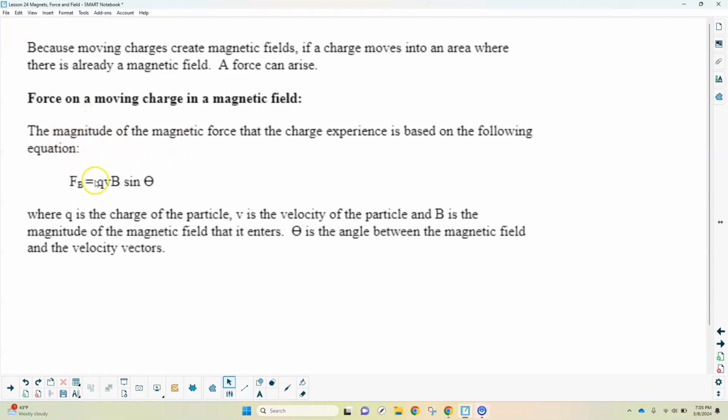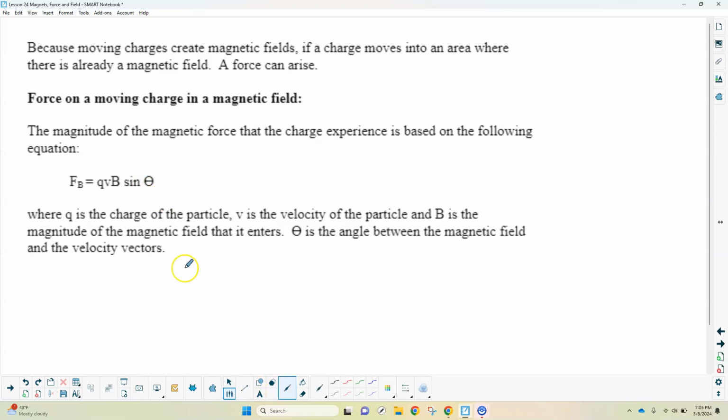First off, F_B is the magnetic force, equal to qvB sine theta. Q is the charge, v is the velocity of the charge, B is the strength of the magnetic field, and theta is the angle between the magnetic field and the velocity vector.